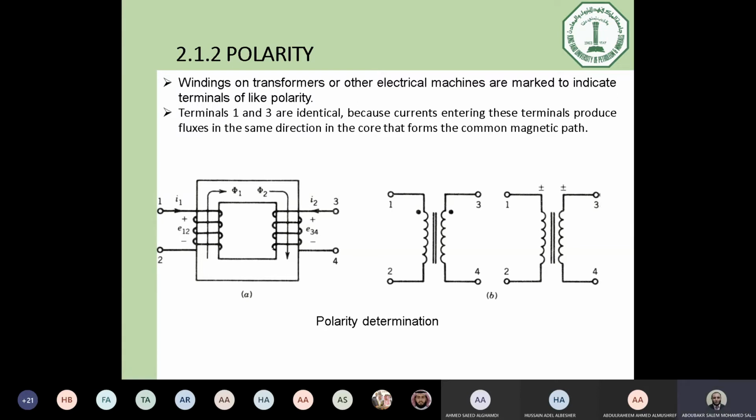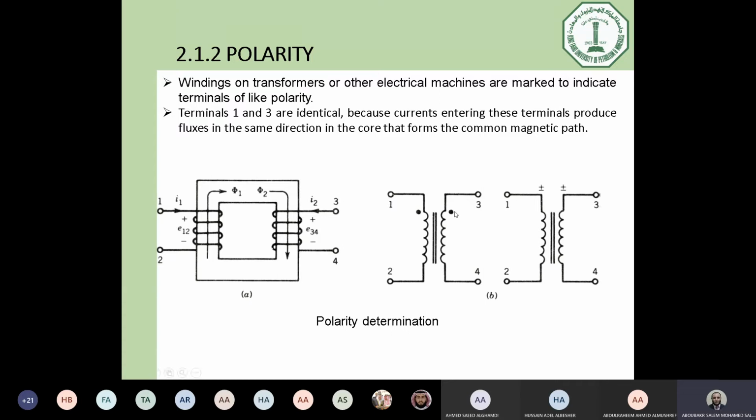So this means the coil which is energized by positive at terminal number 3 and the positive at terminal number 1, these two terminals are identical. So we can add a sign here, which is a dot.